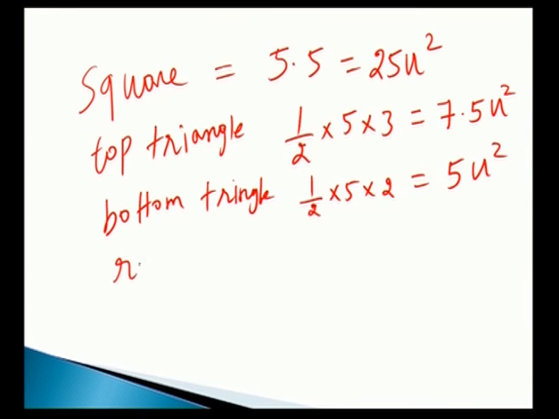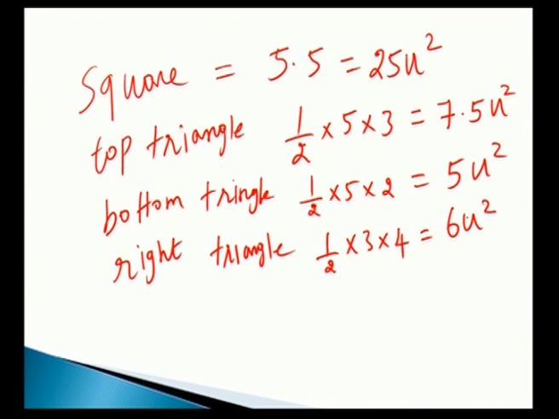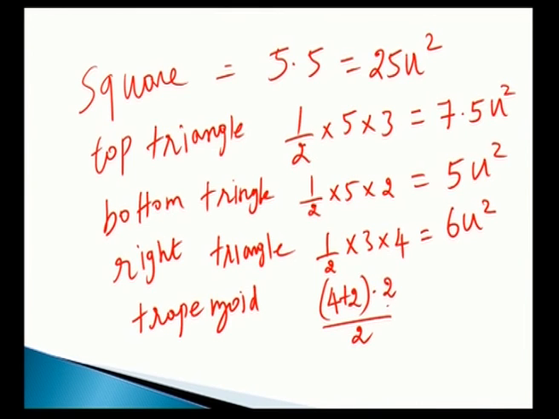Then right triangle has base 3 and height 4 is equal to 6 units square. Then trapezoid: 4 plus 2, sum of 2 bases into height over 2 is the formula of trapezoid, that is half into height into base 1 plus base 2 is equal to 6 unit square.